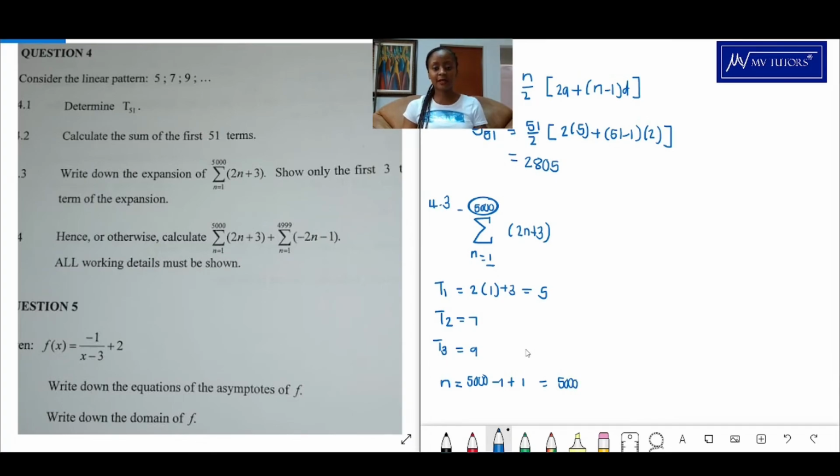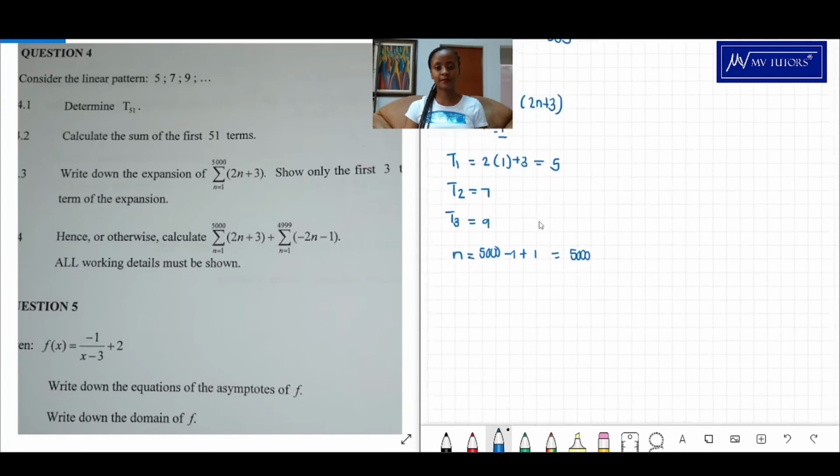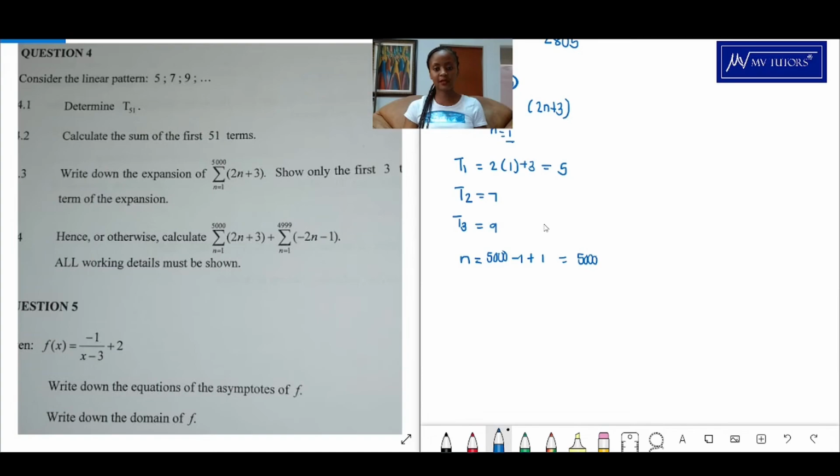Okay, and basically this last term that we need to calculate, I'm just going to say TL for the last one. So we're going to take 2 times 5,000, and we're going to say plus 3.